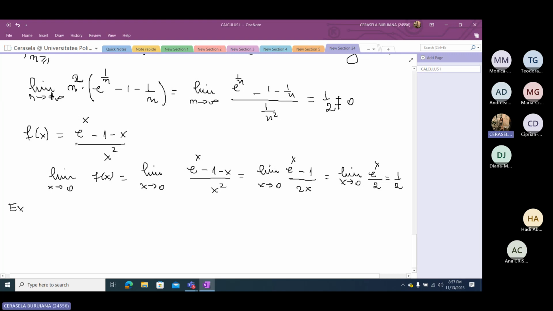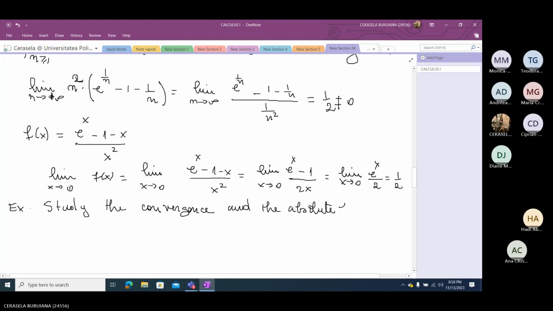So the following type of exercise will be to study the convergence and the absolute convergence of the following series.